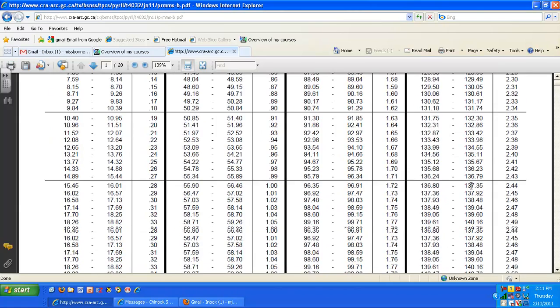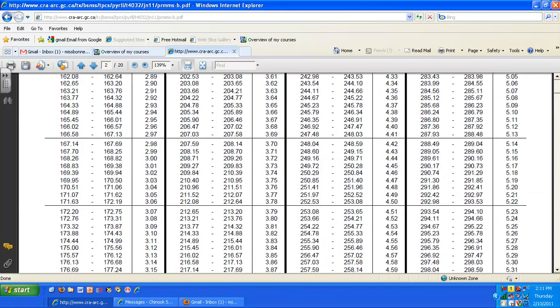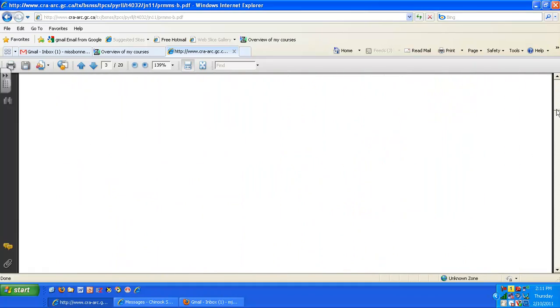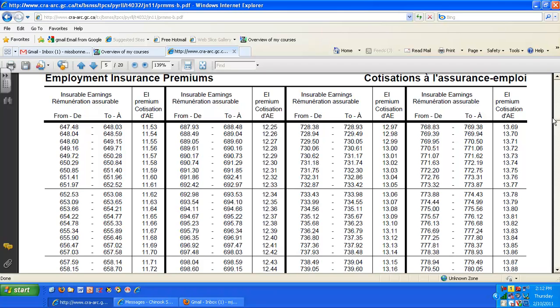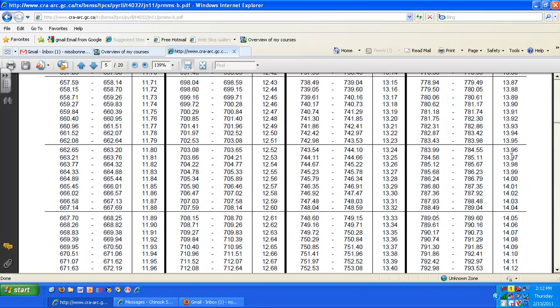We can try another one. We can scroll down and look for $782. So we'll scroll down, look for $782. And you will see that it's here in the category that goes from $781.75 to $782.30.